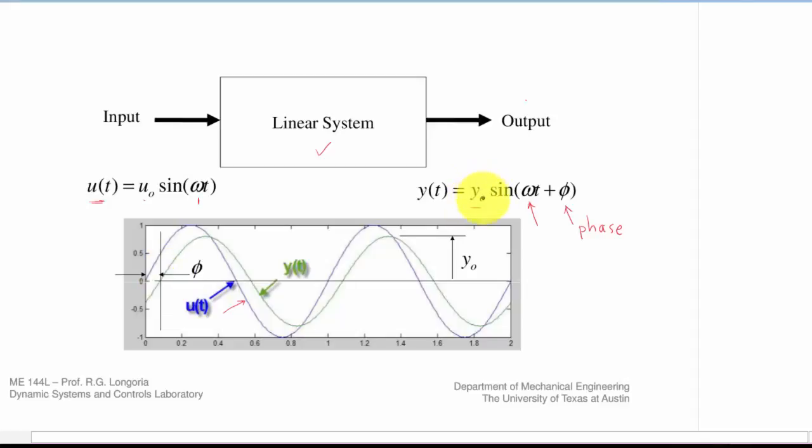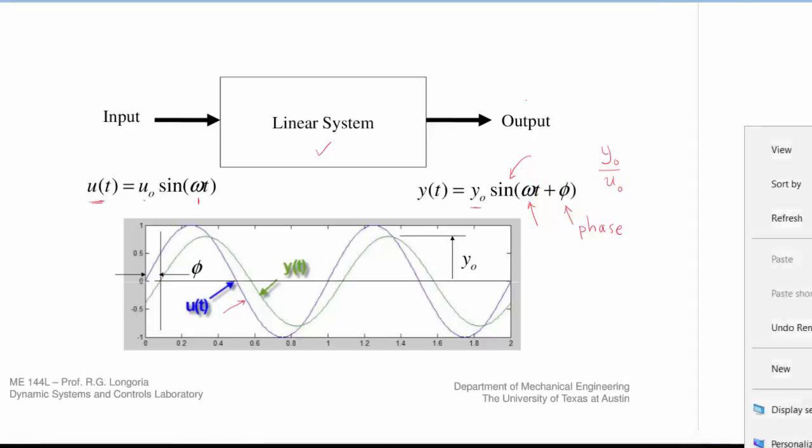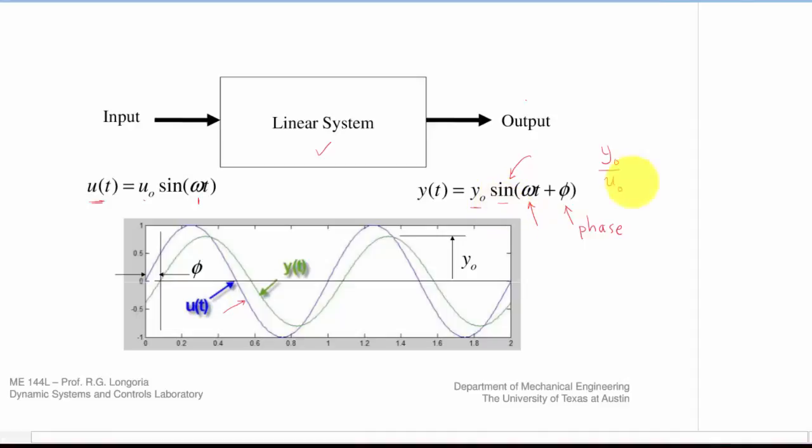Because we know the output is a sinusoid, all we need to know is the ratio, say, y naught to the input u naught. Then we know everything we need to know about the response of the system, right? Because it's a sinusoid, all we need to know is the phase as well.